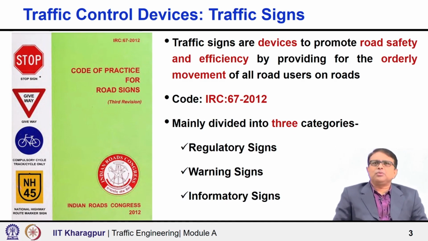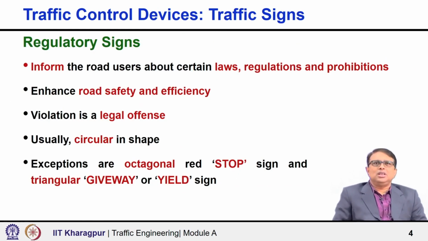There are three categories of traffic signs which are normally used: regulatory signs, warning signs, informatory signs, primarily depending on what purpose the signs serve. Regulatory signs inform road users about certain laws, regulations and provisions. Traffic engineers, as a part of traffic management, decide many things.